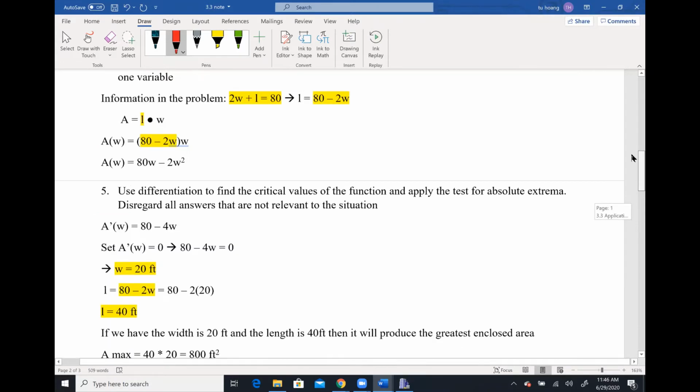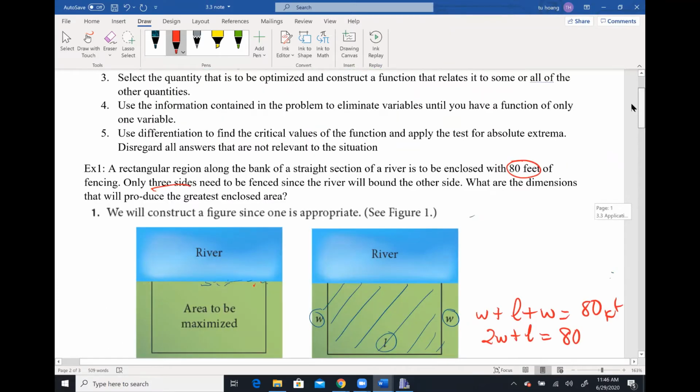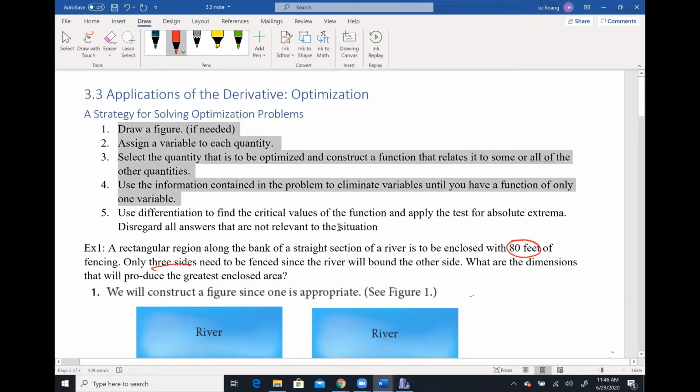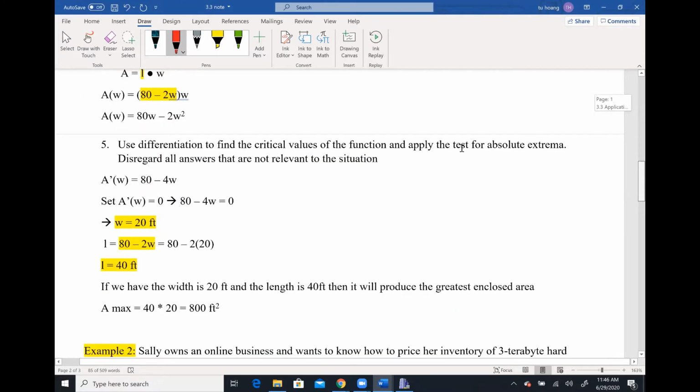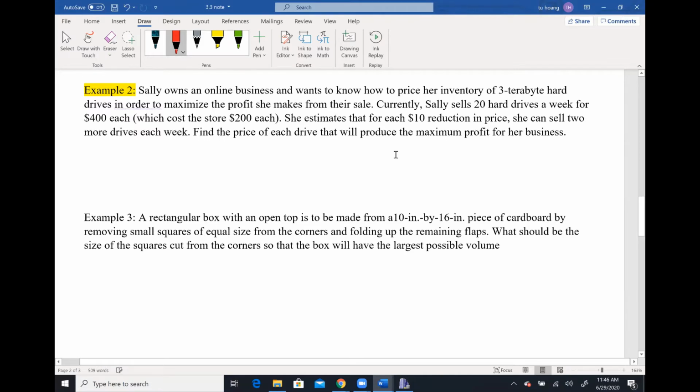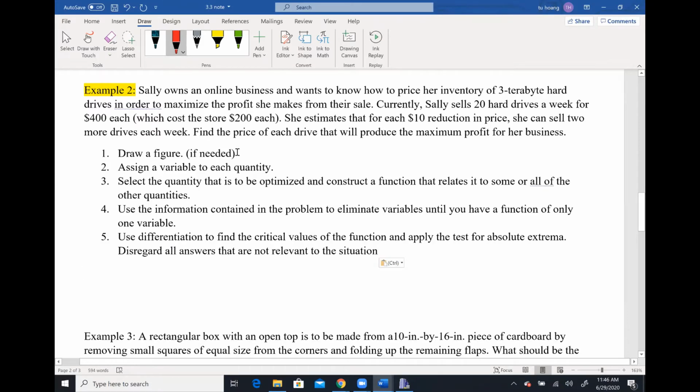So let me copy down the 5 steps to remind you guys, right? And you see that this problem is not related to geometry, so I don't think that I need to draw a figure in here. Don't need, right?